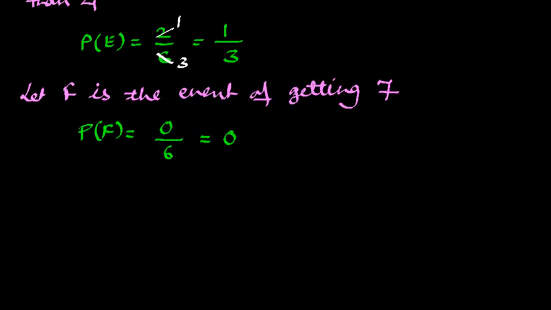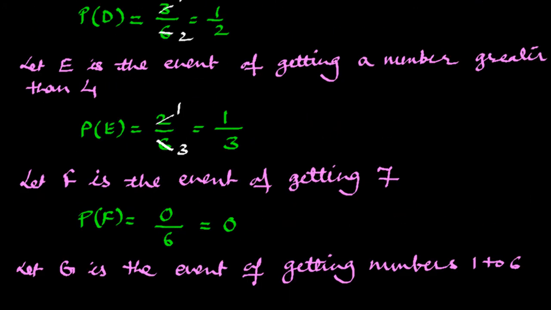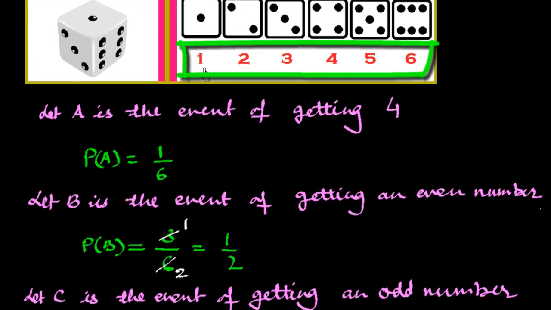Now another one, we are taking G. Let G be the event of getting a number from 1 to 6. So look at the sample space, how many numbers we have from 1 to 6. All 6 numbers are from 1 to 6.